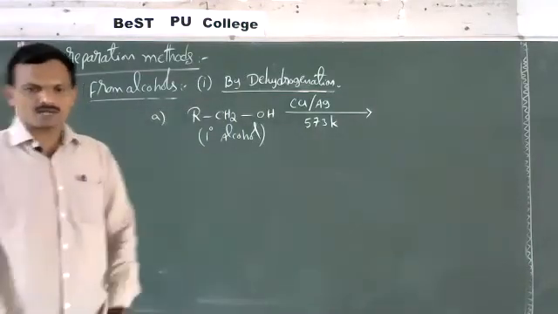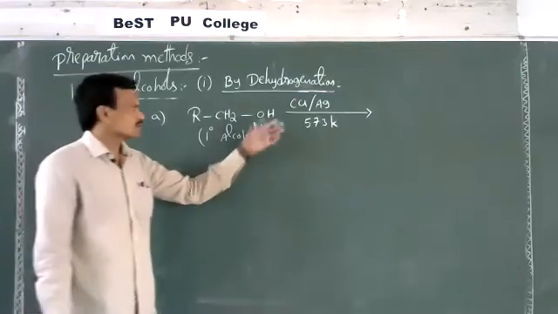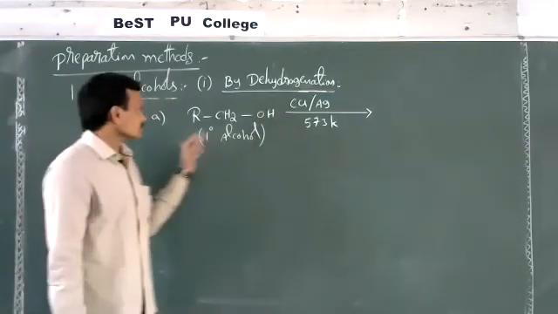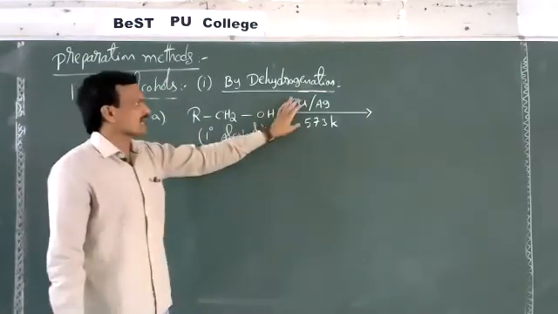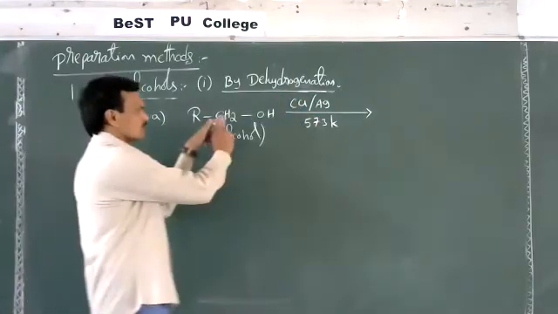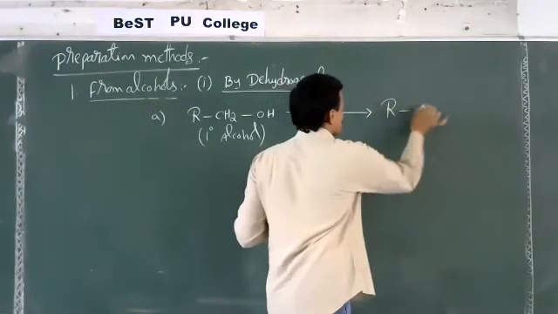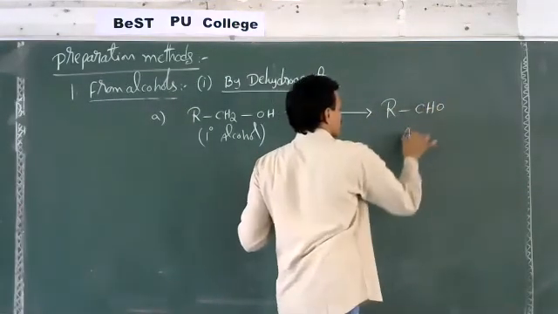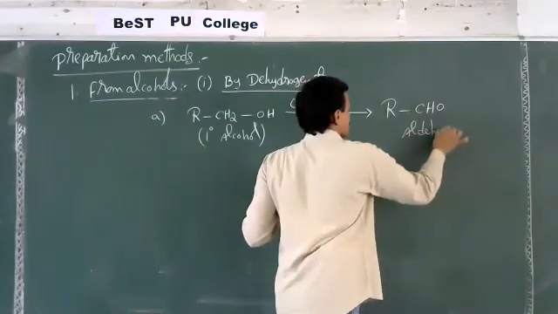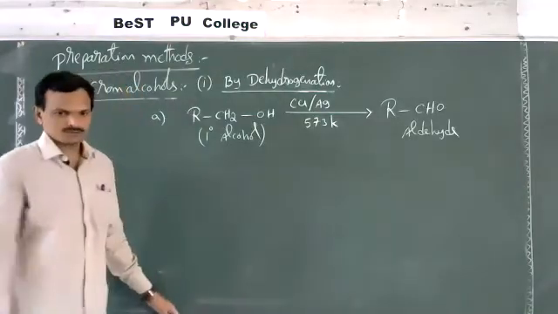Copper or silver at 573 Kelvin or 300 degrees Celsius we use as a dehydrogenating agent. Same here also, remove one hydrogen here and one hydrogen here, then this RCH2OH is oxidized to RCHO, nothing but aldehyde. Just like earlier, just change the reagent here.